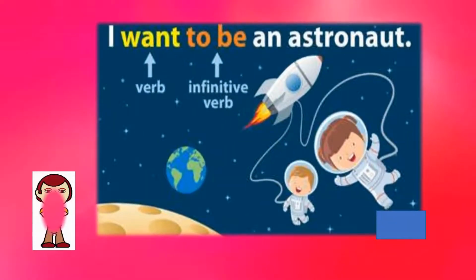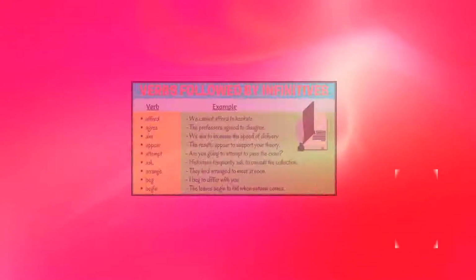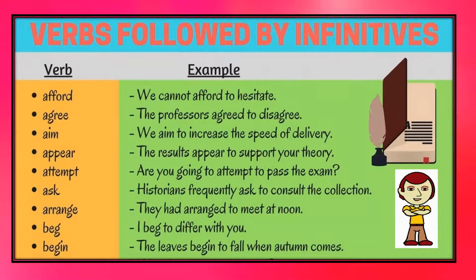Let's see some examples related to infinitive verb. I want to be an astronaut. So here want is the verb, to be is the infinitive verb. Verbs followed by infinitives. Afford: we can afford to hesitate.